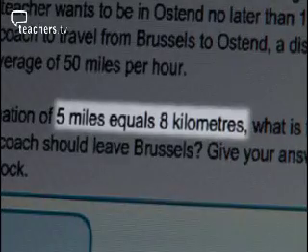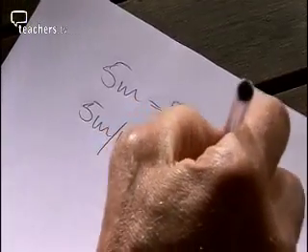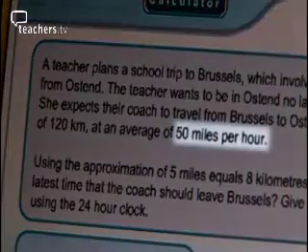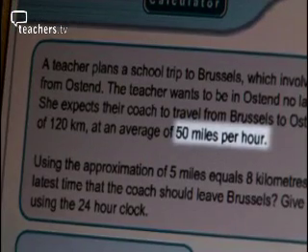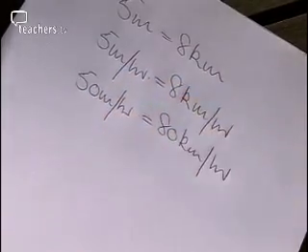Now, if we have 5 miles equals 8 kilometres, 5 miles per hour will be equal to 8 kilometres per hour. Or, in our case, the 50 miles per hour is equal to 80 kilometres per hour. So, we now know the speed in kilometres per hour.